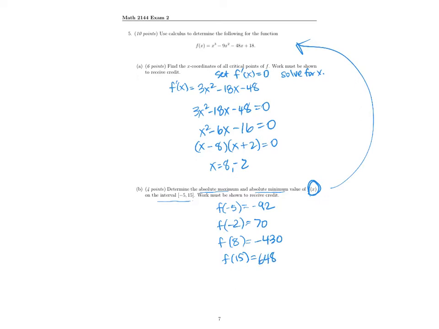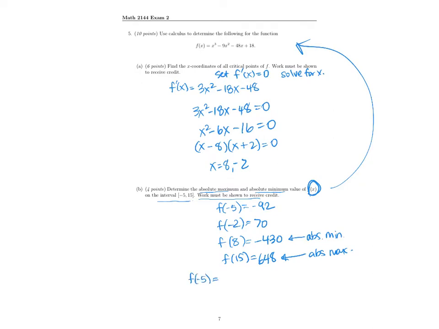And so the very smallest of these is this one. This is my absolute minimum. And the very largest of these is that one. That's my absolute maximum. I was just reading here, it says work must be shown to receive full credit. So you might just show that you plugged -5 into the function.